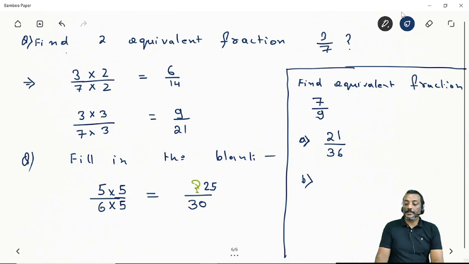B is 42 over 54. C, you have 28 over 36. So you can check what the correct equivalent fraction of 7 over 9 is from A, B, C, and just comment it in the section. Those who have done it correctly, I will give a heart on their comment.